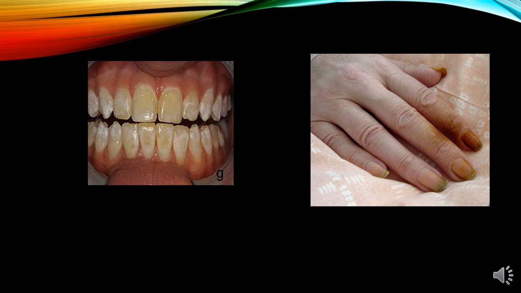These are stains caused by smoking. Nails turn yellow, and this is just by holding a cigarette. Of course, this is a more severe case.